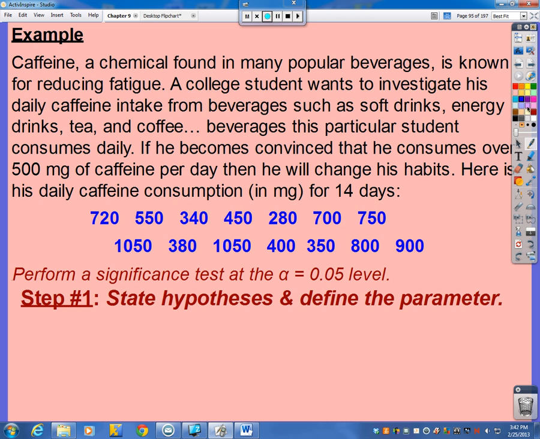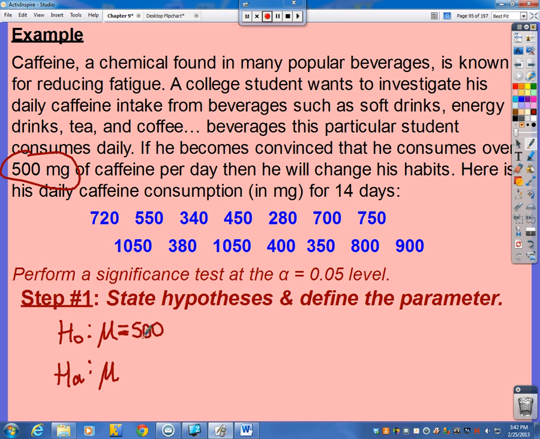So number one, we need to state some hypotheses, so our null and alternate hypothesis. Since we are dealing with a mean level problem, we are going to be using mu. And the value that we are wanting to see whether we exceed or not is the 500 milligrams.